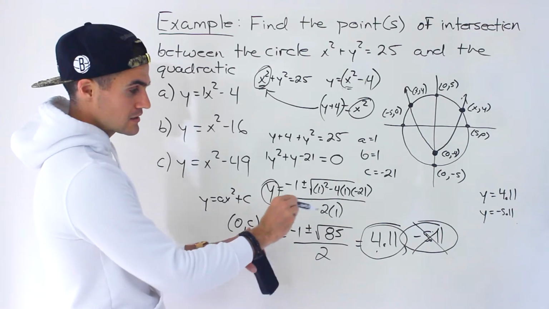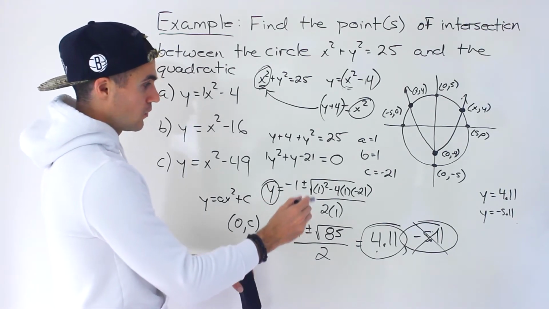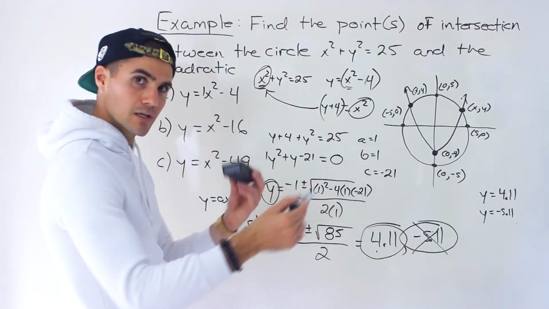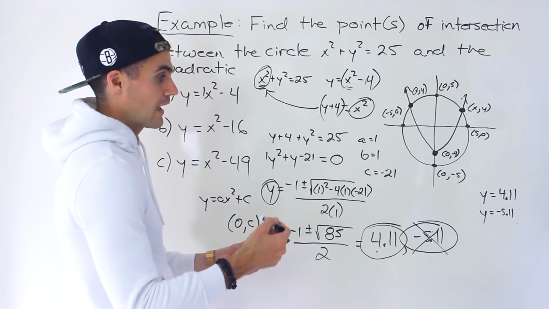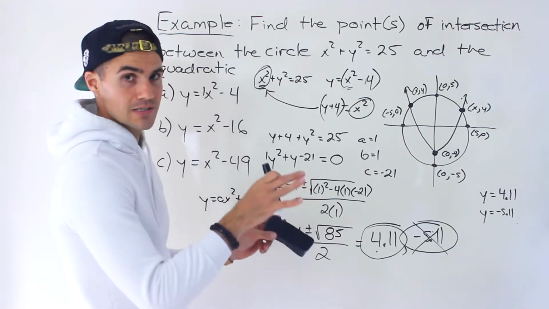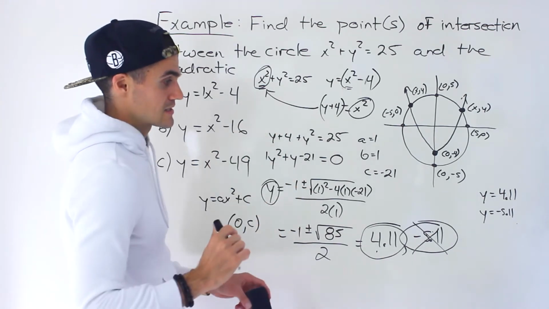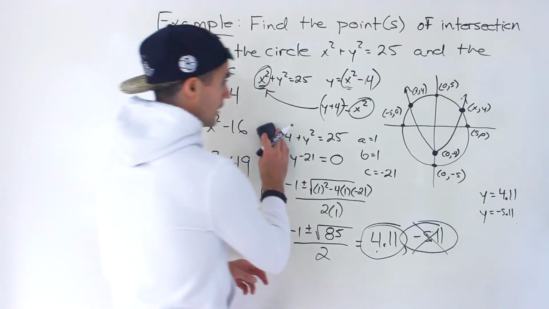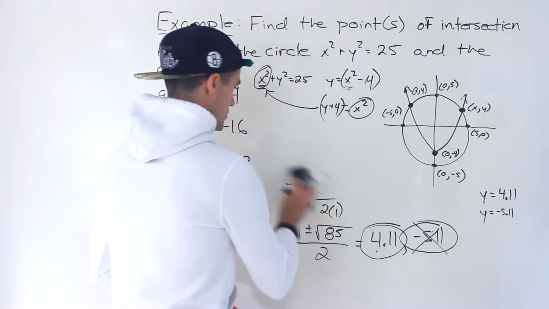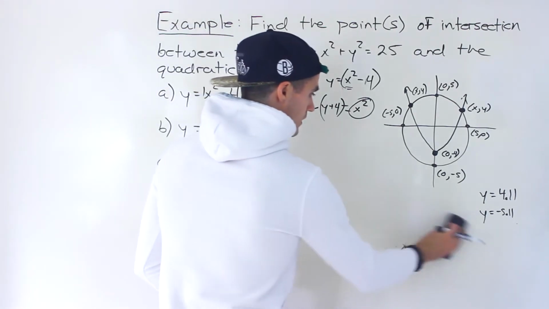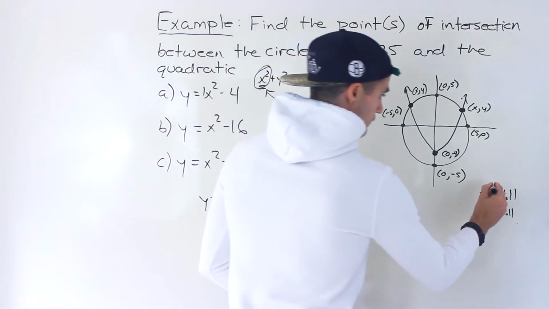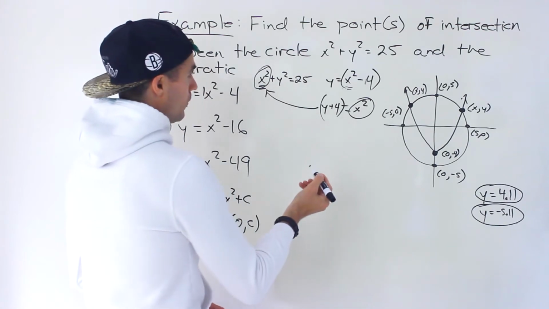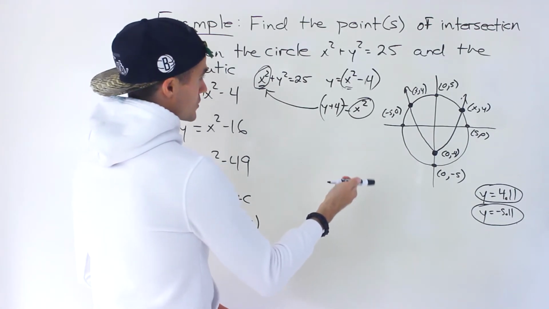So sometimes when you're getting these solutions initially, whether for x or y, and it's not making sense according to the diagram, make sure you finish the question all the way, and you'll see then that the final points that you get should make sense with what you're working with. And so taking these two y values and plugging them back in, we could plug it into either equation that we want. So before discounting the negative 5.11, let's see if it works out if we plug it in.